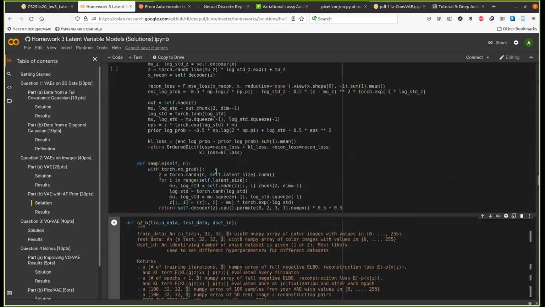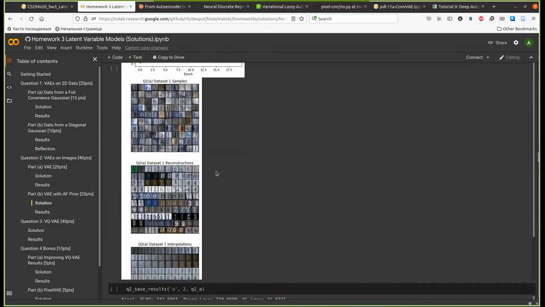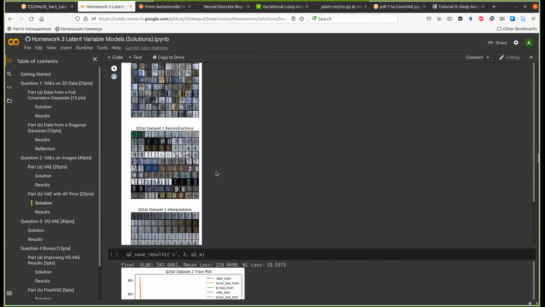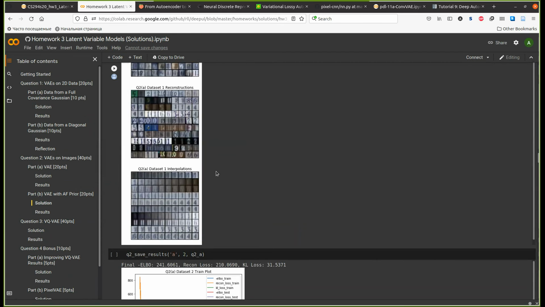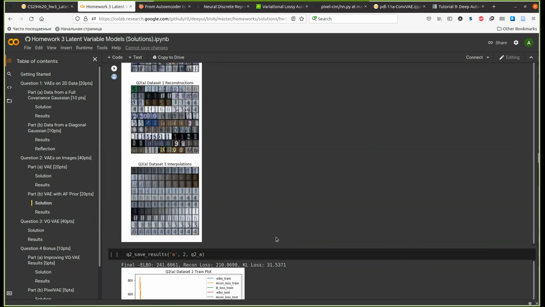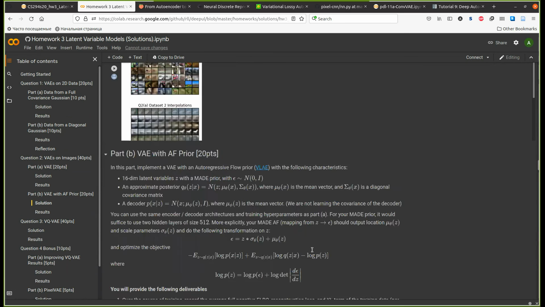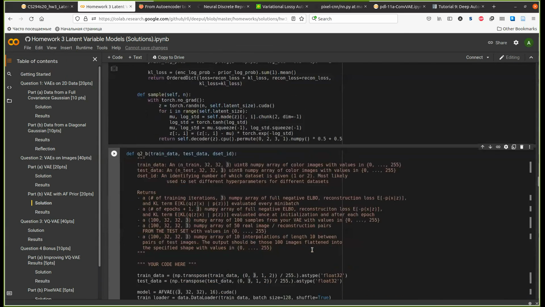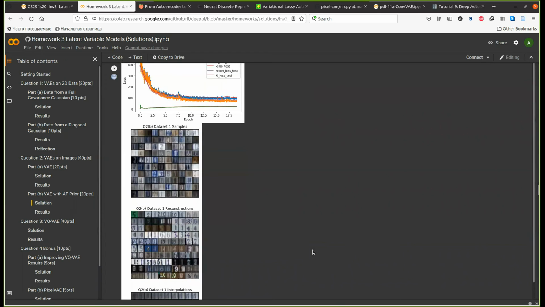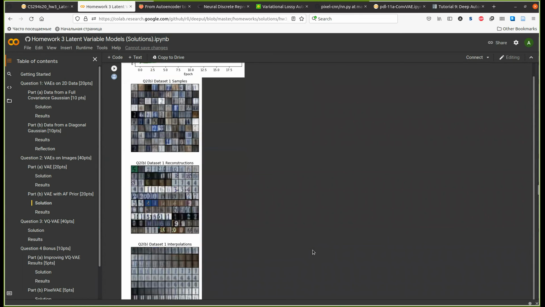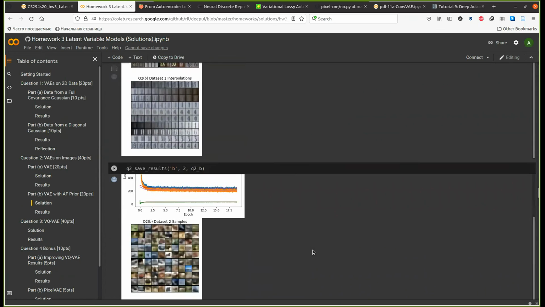Let's have a look at what they managed to get for the reconstructions here. I think the reconstructions are very, very similar, but the samples are arguably sharper, but it's hard to tell, right?